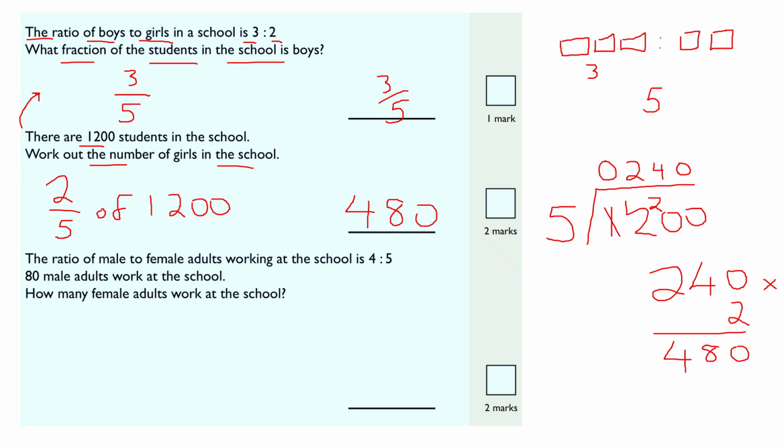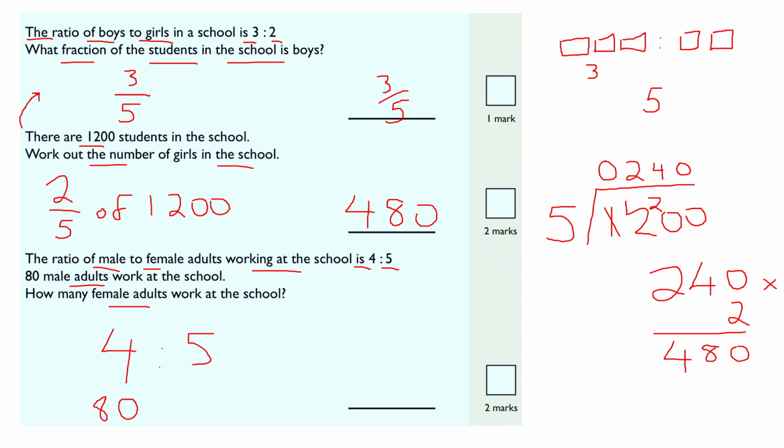Next up, the ratio of male to female adults working at the school is 4 to 5. So male to female. 80 male adults work at the school. How many female adults work at the school? So we've got 4 to 5, male to female, then we've got 80 to something.